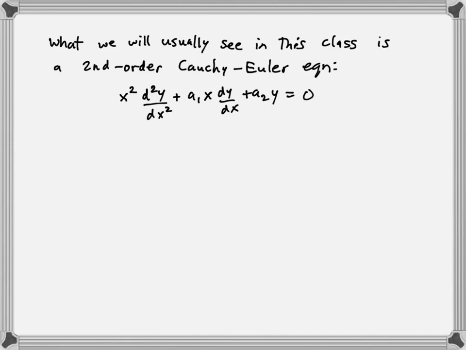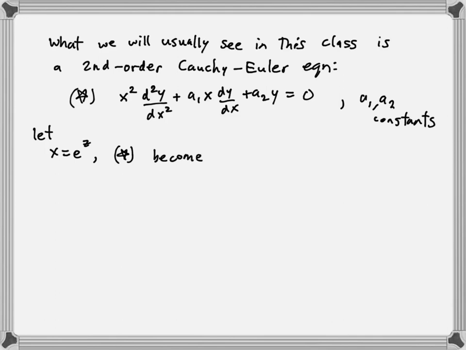Okay, so that's what a second order Cauchy-Euler equation looks like, where a1 and a2 are constants. So if you let x equal e to the z, if I call this star, star is going to become, by the theorem, so we're doing the easy case here, right?